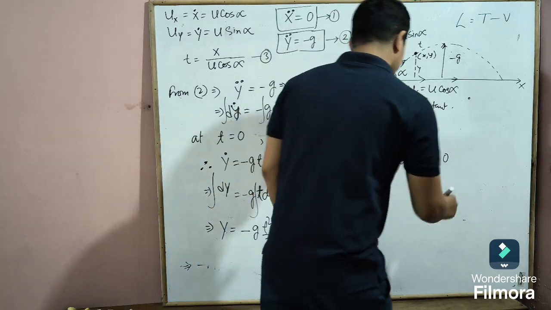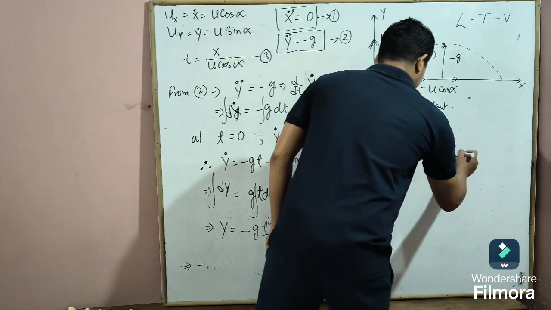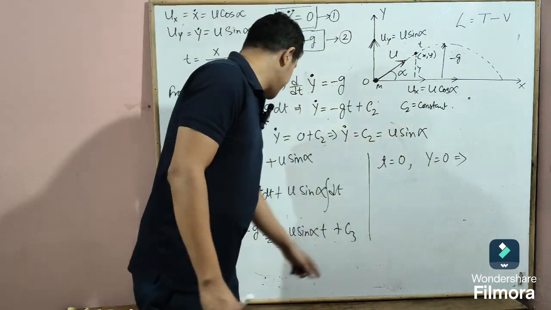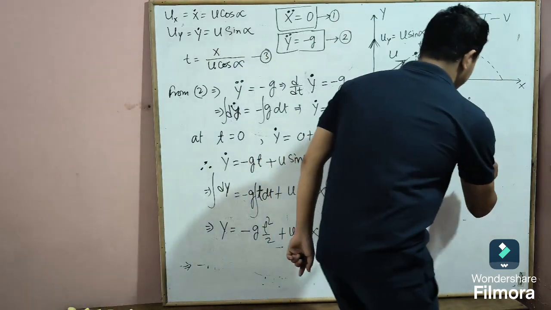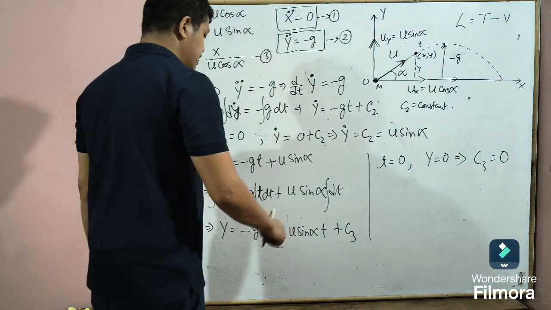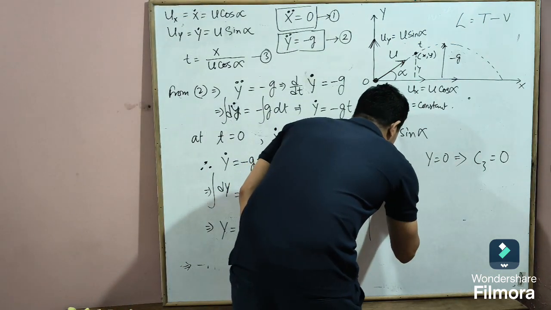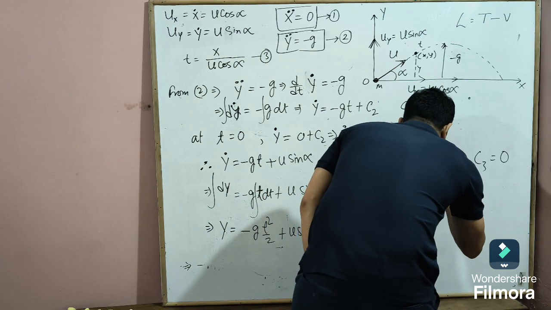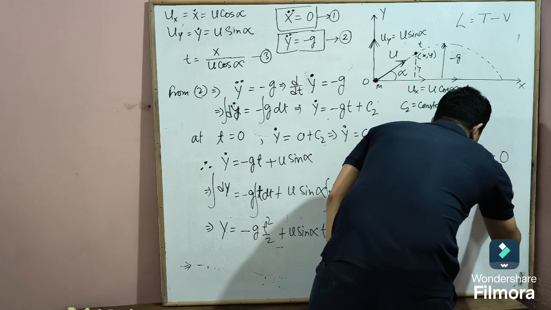Then from these conditions, this is 0, this is 0, this part is 0, so that means c3 is equal to 0. This implies c3 is equal to 0, and if you put the value of c3 here, then therefore we're going to have y is equal to minus z t square by 2 plus u sine alpha t.